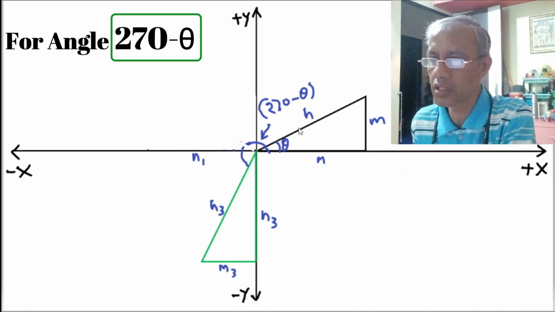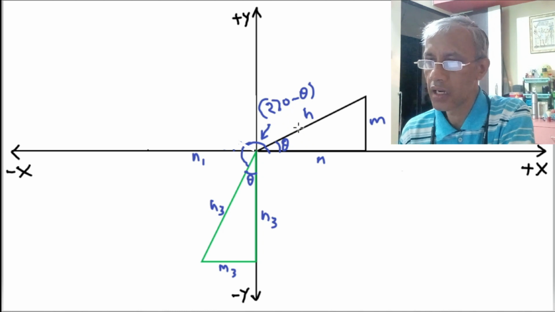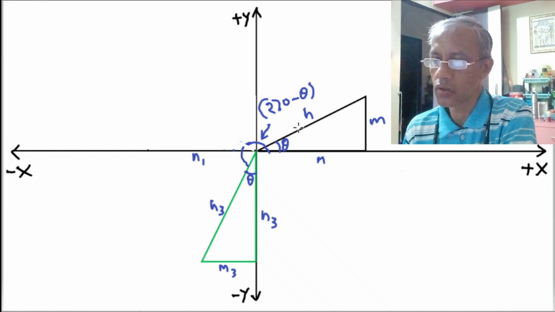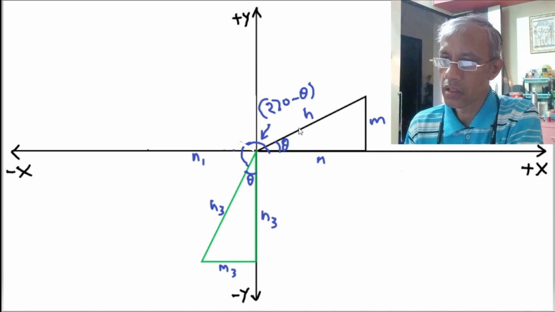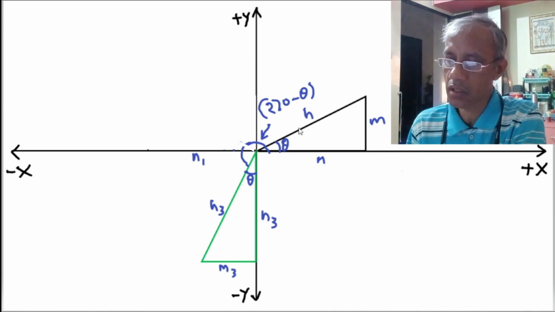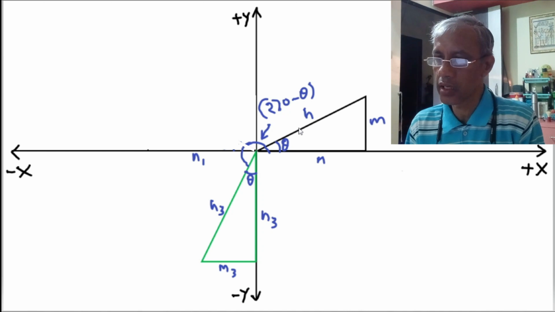For 270 minus theta, the theta is made at this place, and for making of theta we have used the y-axis. So as the axis has changed over from the x-axis to the y-axis for making the angle theta, it can be very well guessed that the functions will also be changed over from sine function to the cosine function and vice versa, along with the changes of the polarity.